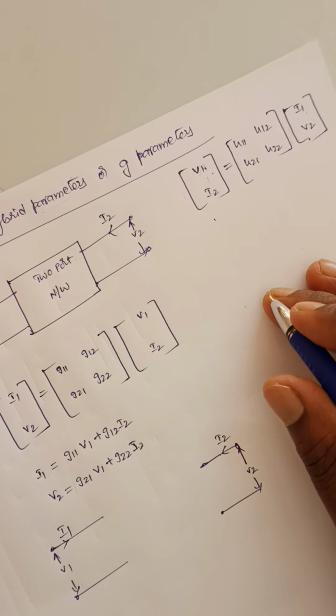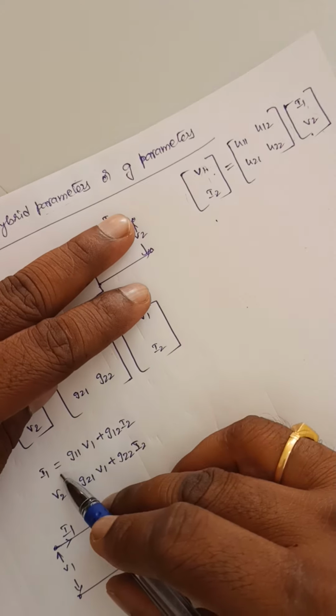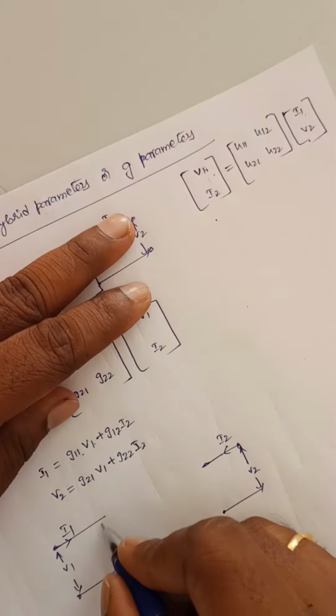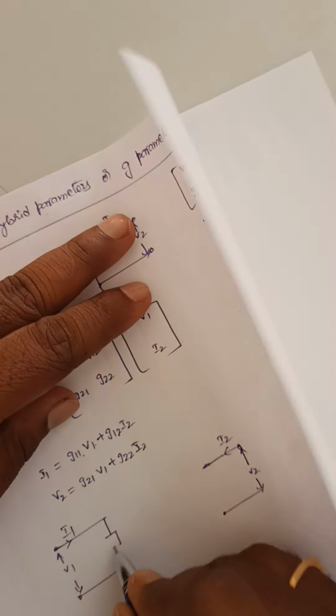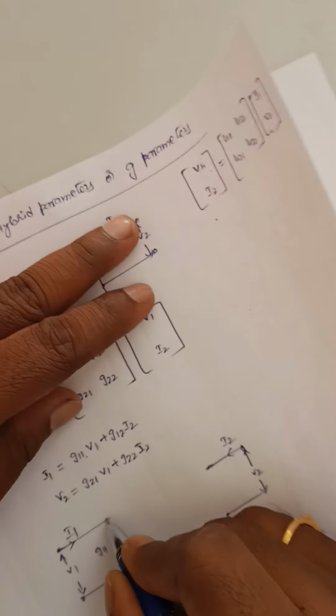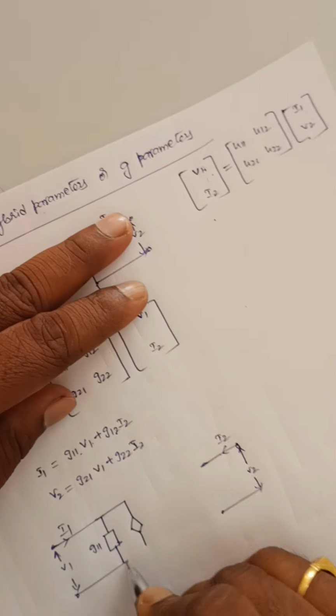Now you see I1 is equal to G11 V1. So this is G11. I am going to write here like this. It is G11, and G12 I2, which is a current dependent current source.